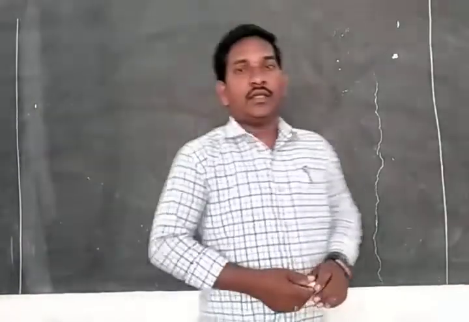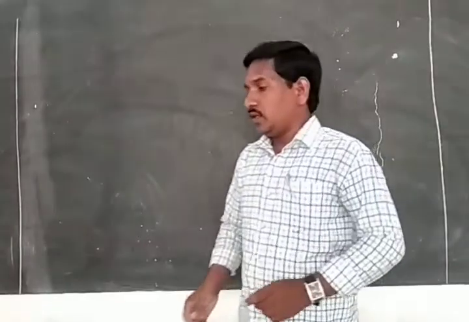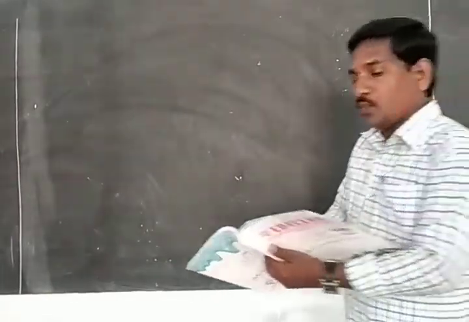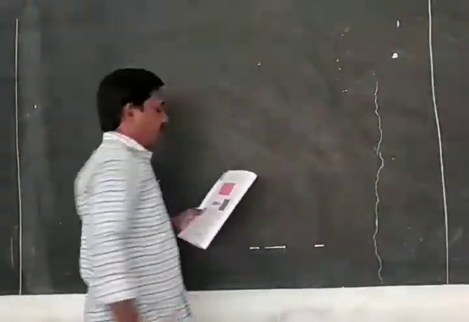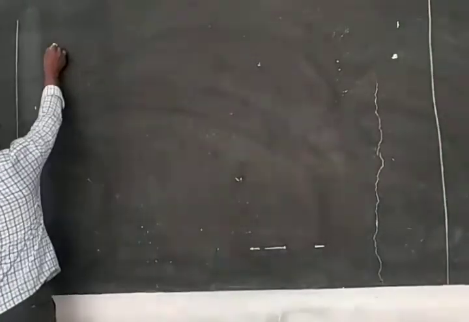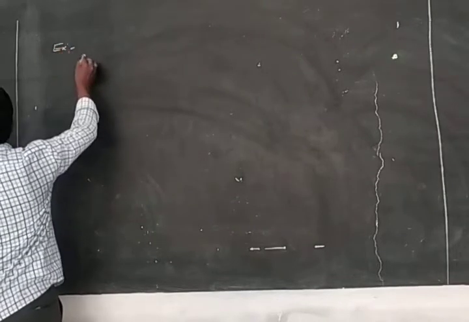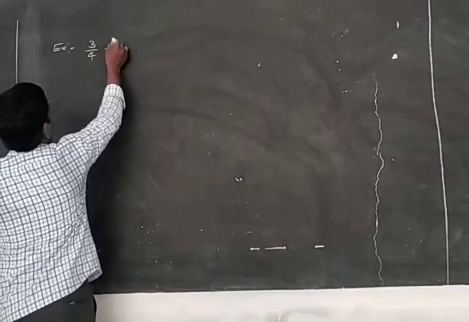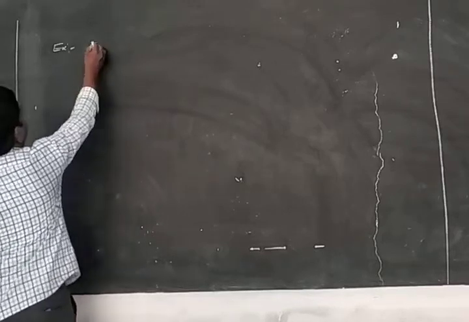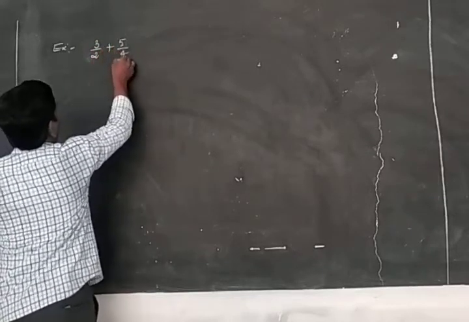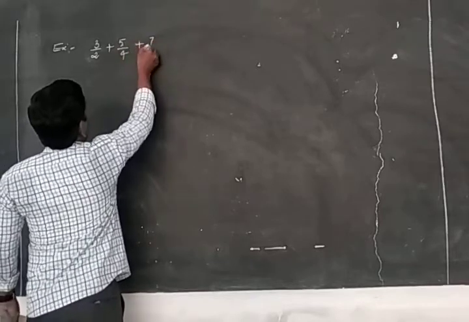Good morning, my dear students. In the previous class, we discussed some sums in Handsheet 1. Now, for example, the adding of three fractions, like 3 by 4 plus another one 3 by 2 plus 5 by 4 plus 7 by 2.